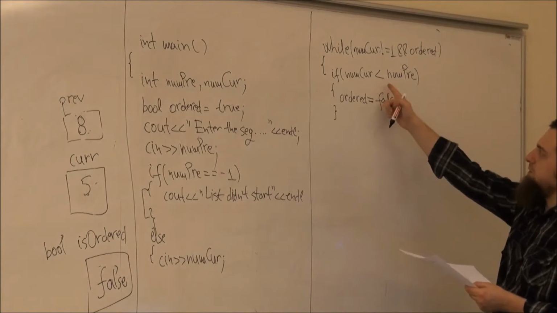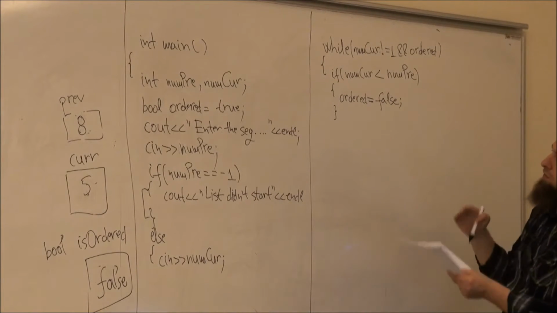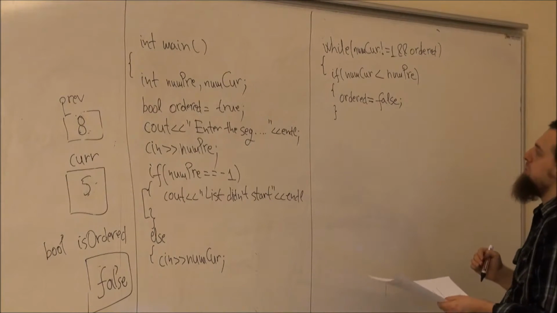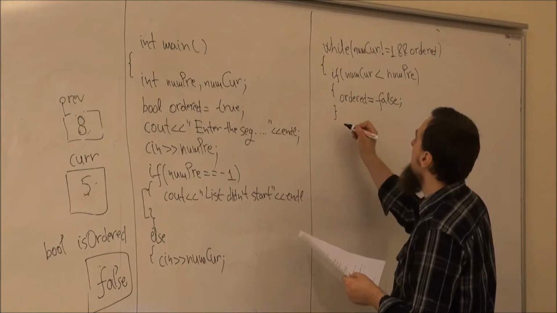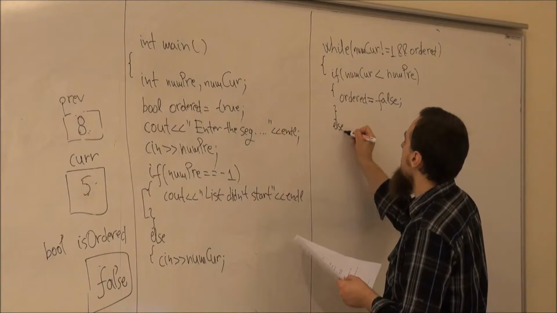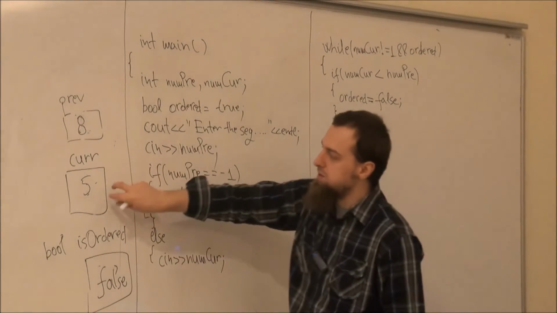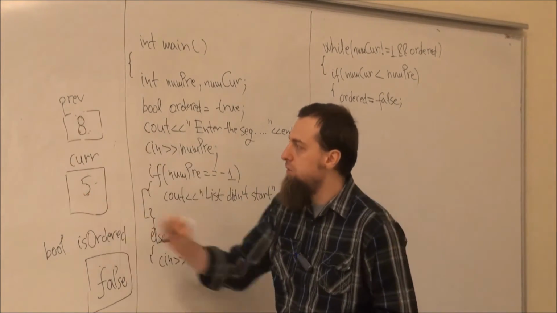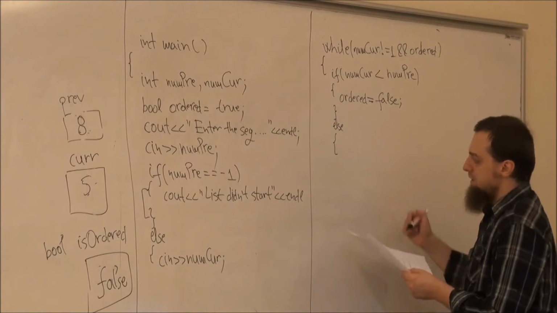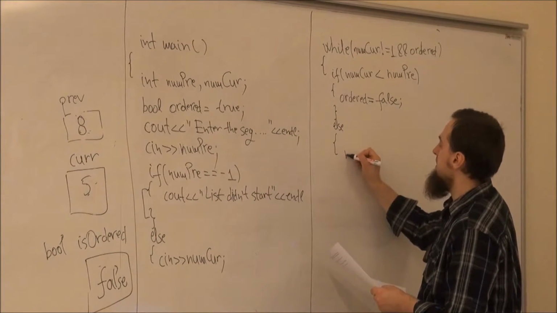Otherwise, if this is not true, I mean if the current number is greater or equal to the previous number, what do we do? Else, I switch the places, so the current number becomes the previous and I read the current, okay? That's why I'm going to write it like this.